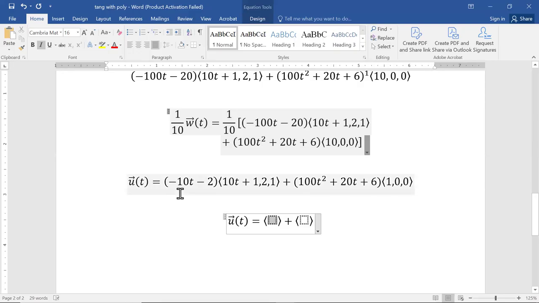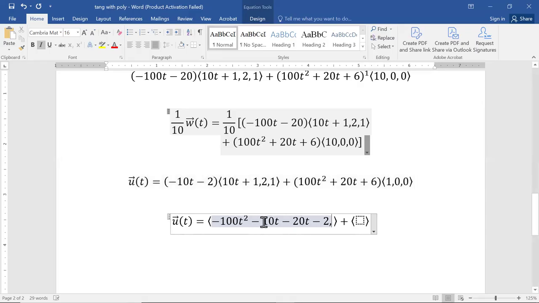So on this first one, negative 10t times 10t becomes negative 100t squared. Negative 10t times 1 gives you a minus 10t. Negative 2 times 10t gives you negative 20t. Negative 2 times 1 gives you a minus 2. That's just the x component.